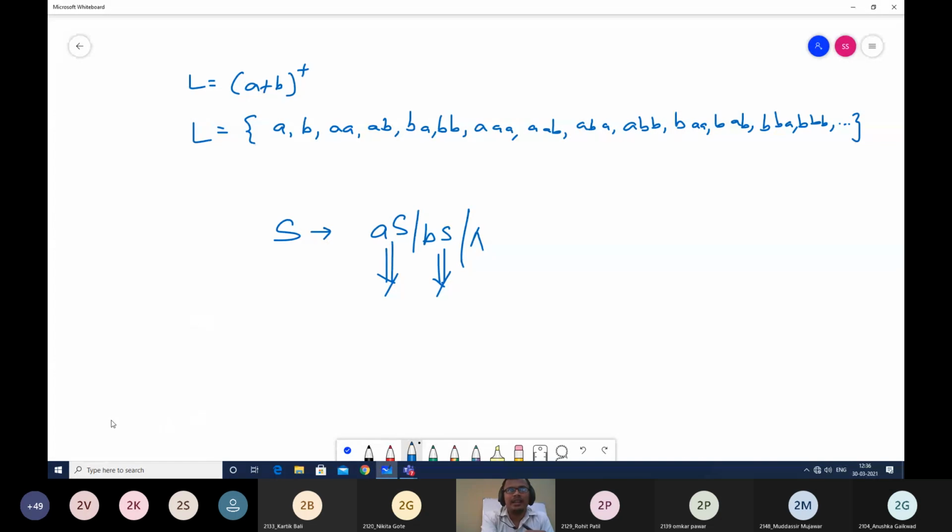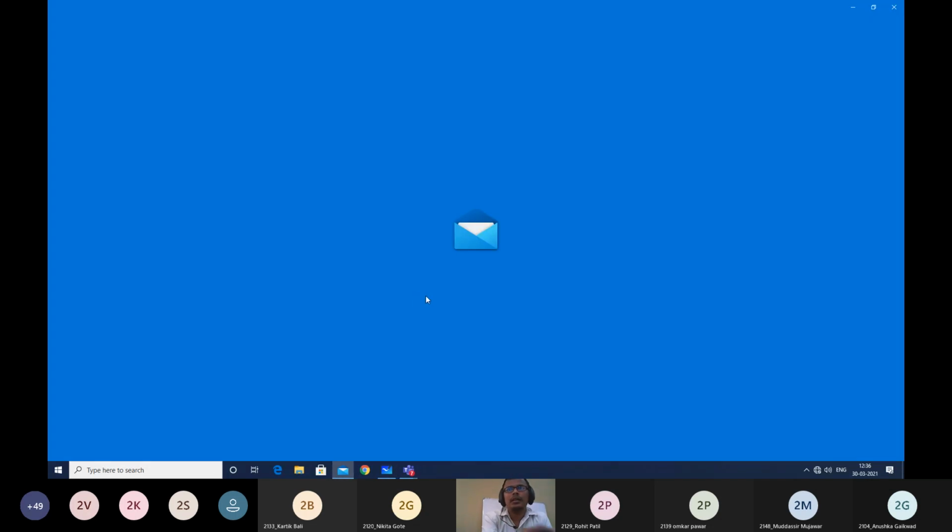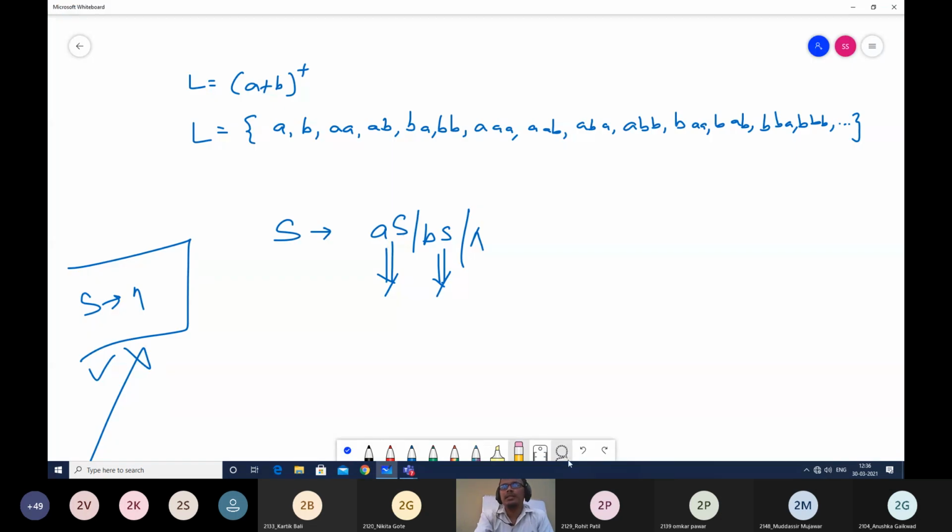Null I can directly apply, S gives null, and the null string will get accepted. But I don't want null to be accepted in my language, because my language now starts with A. Is it understood, students? Why I cannot write null?